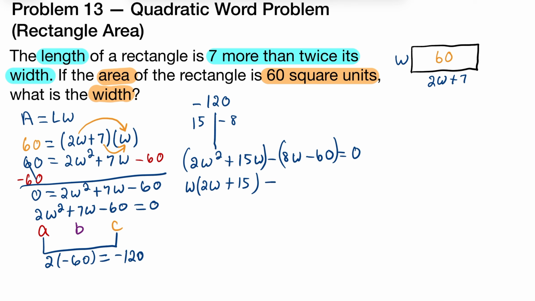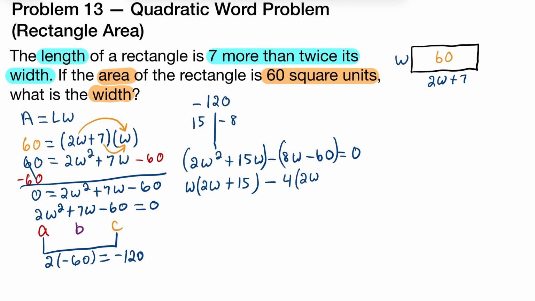Bring down your minus, and what is common to 8w minus 60? It is 4. So we'll factor out a negative 4 times 2w, because negative 4 times 2w is negative 8w. And then negative 4 times what equals negative 60?